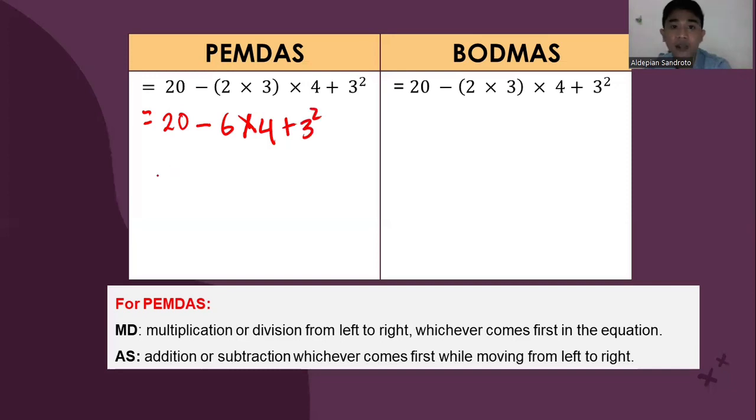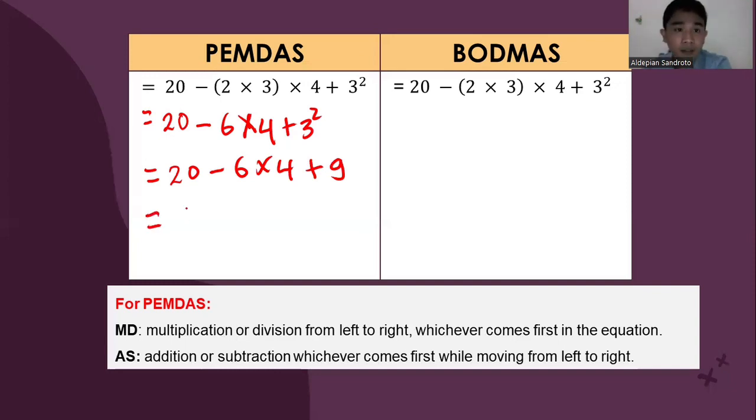Next, we solve exponents: 20 minus 6 times 4, and then plus 9, because 3 squared equals 3 times 3 equals 9.